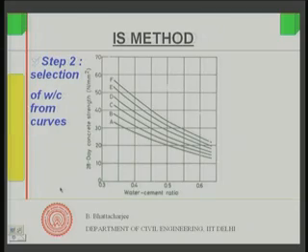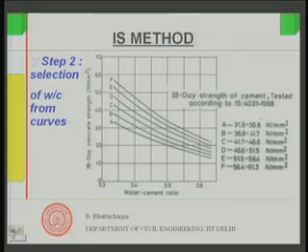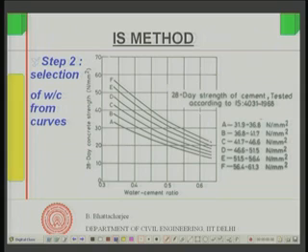So, when you have cement strength available, there is another set of curves given. If the 28-day strength of cement is available, you can use this set of curves, and each curve represents a cement strength.